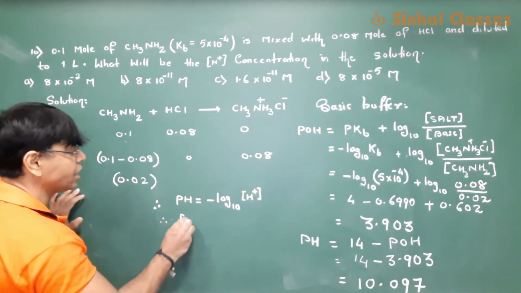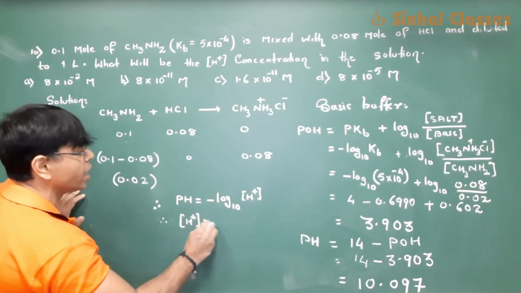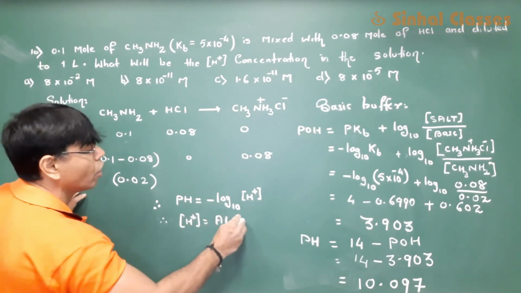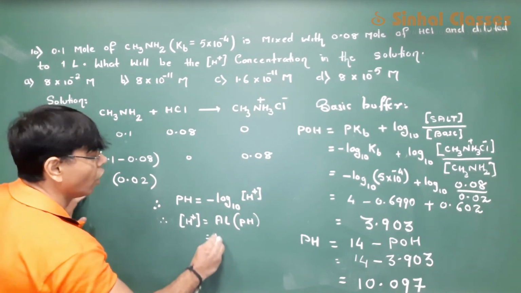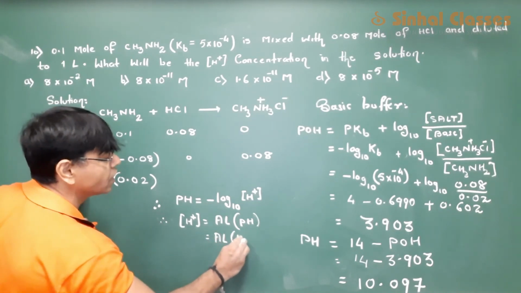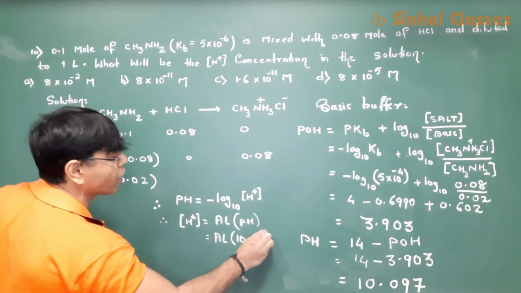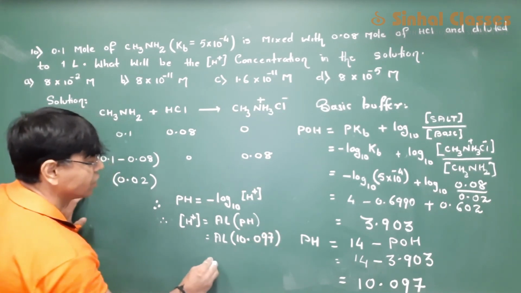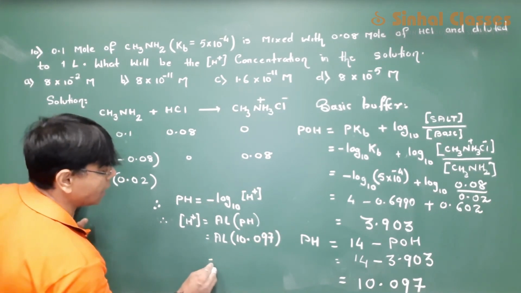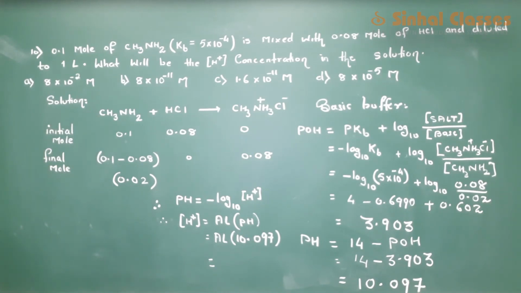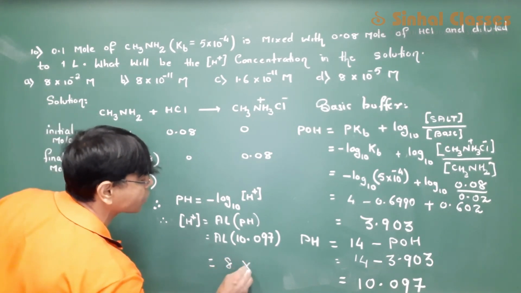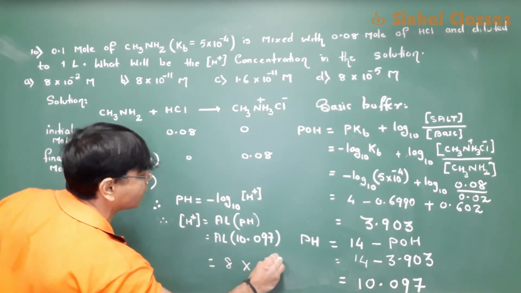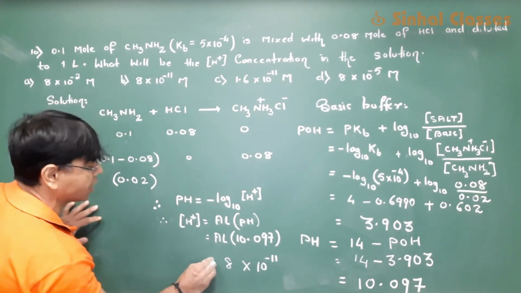So if I want H plus, it will be the anti-log of the pH value. Anti-log of 10.097 is 8 into 10 raised to minus 11 approximately.